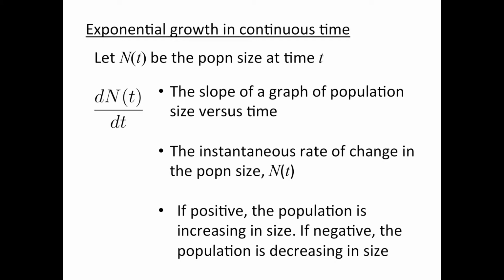It tells you whether the quantity that you're taking the derivative of is increasing or decreasing. That's what the derivative is. So you don't need to know ordinary differential equations. Just try and interpret this quantity in terms of whether the population size is increasing or decreasing based on the sign.